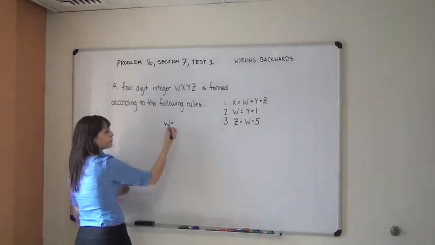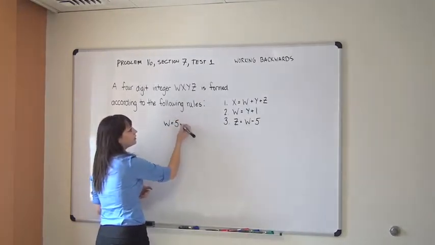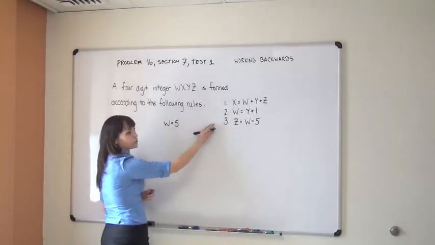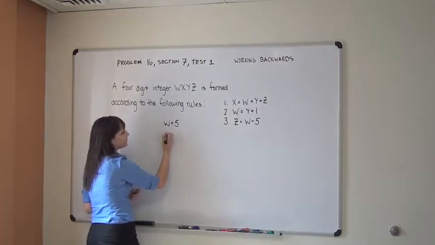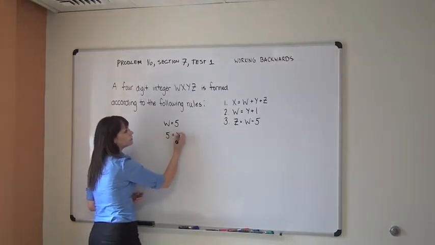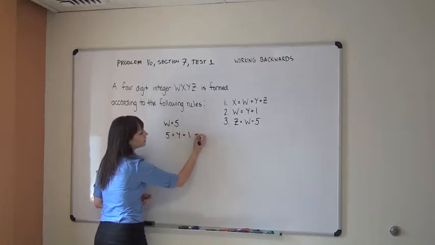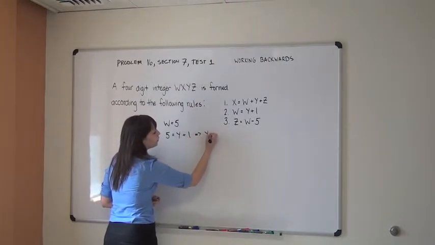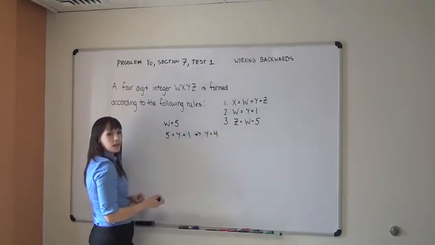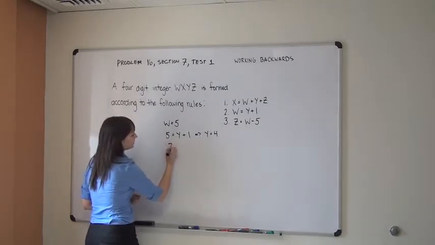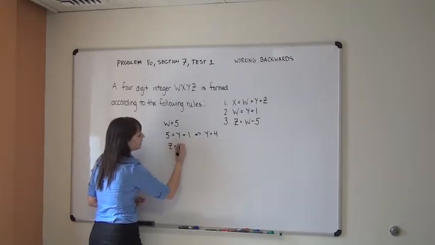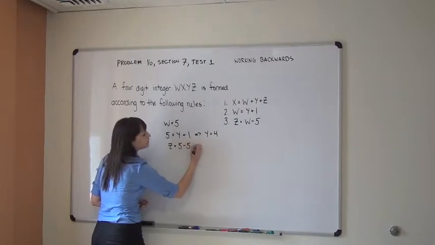So if we set w equal to 5, and substitute it into equations 2 and 3, we'll get 5 is equal to y plus 1. Therefore, y equals 4. And then in equation 3, we'll get z equals 5 minus 5.